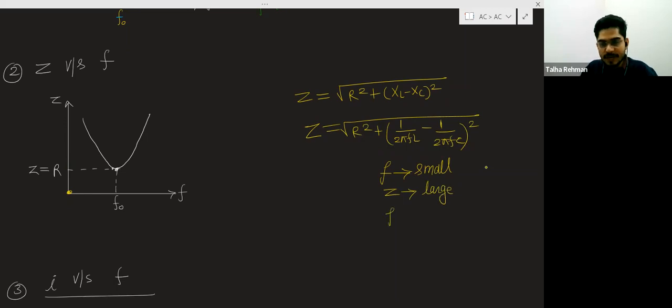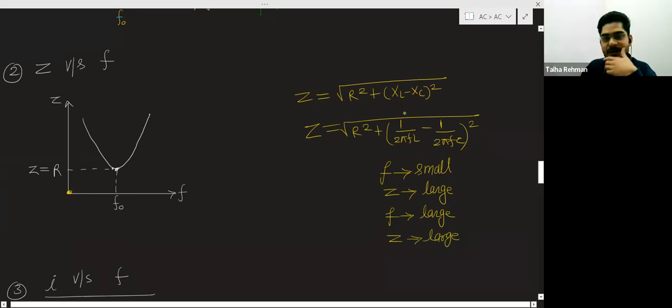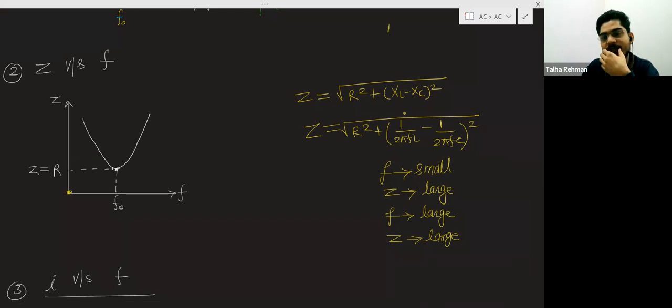If you are taking the frequency large, then also you will get z large. Why? Suppose I have written 1 upon 5 plus 1 upon 5, and 1 upon 26 plus 1 upon 26.